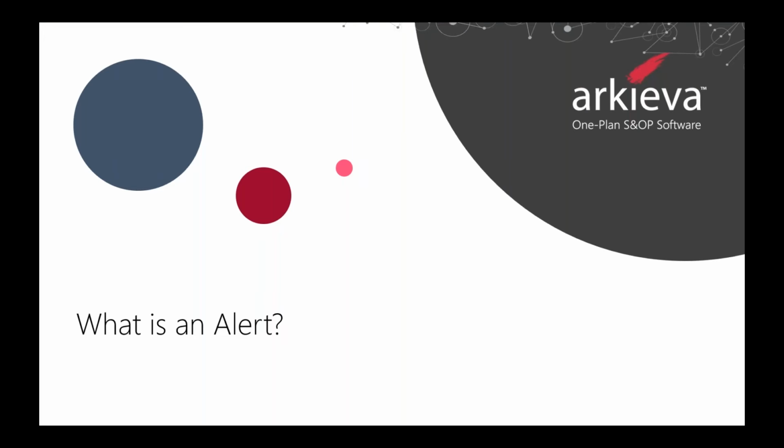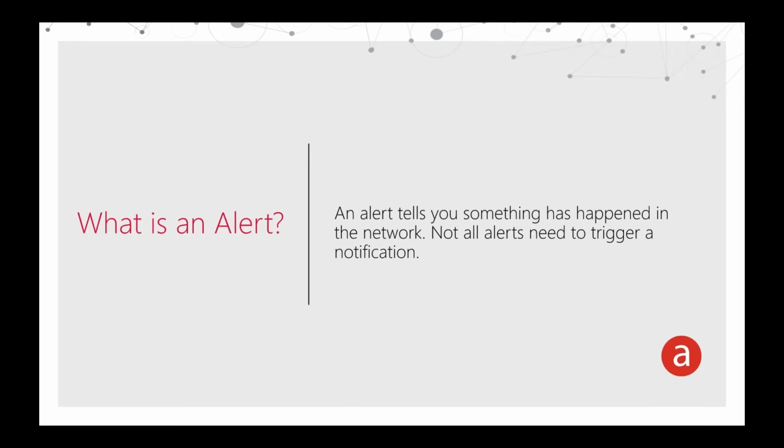So Justin, the first question is, just taking a step back, what is an alert? Well, it's a great question. The alert is going to be something that is going to be searching through your network and looking for some sort of item that you've pre-selected as something that you want to dive into.